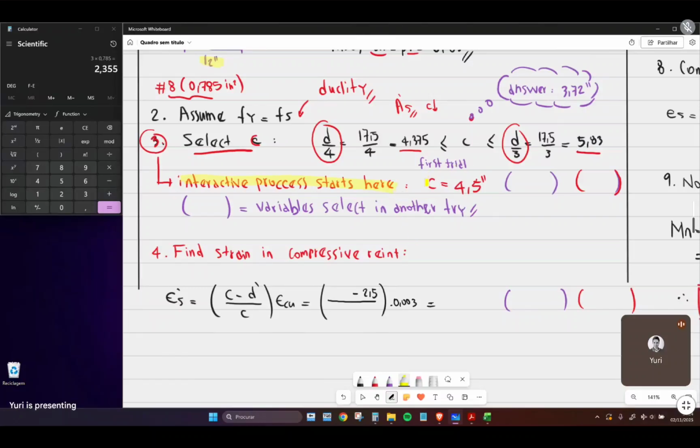After step 3, this is where the iterative process actually begins. We select a specific position of the neutral line, and I have put here on your right the practice, which is supposed to be another try. We're going to do all the calculations with 4.5, and after we've done all these calculations, we will see that there is no equilibrium.